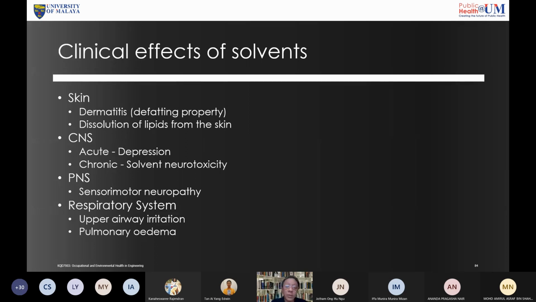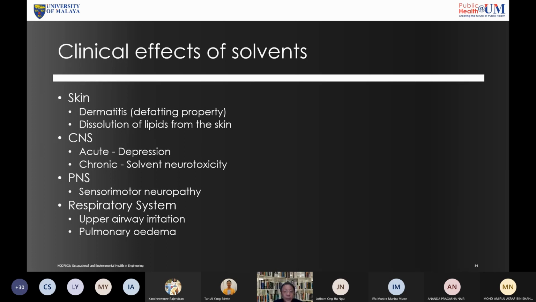CNS: acute, you get depression; chronic, you get solvent neurotoxicity. Peripheral nervous system, like sensory motor neuropathy. That means you get a decrease in sensation, your motor function will decrease, you get wrist drop or foot drop, and sometimes the muscle will degrade because of the effect, and then there'll be loss of muscle mass.